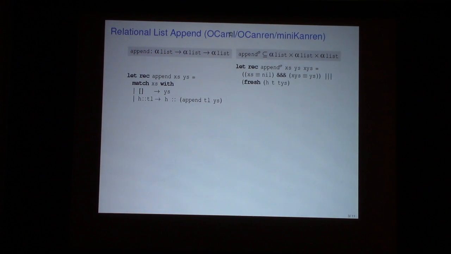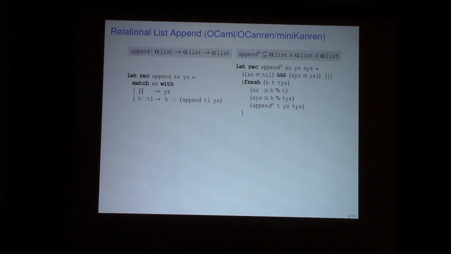And the second part of the formula is rather long because we need to introduce temporary variables for destructing our arguments and for calling the relation recursively. So it looks like that. We have used a little bit of macro to hide different instantiations of fresh variables, and we did it in one line.